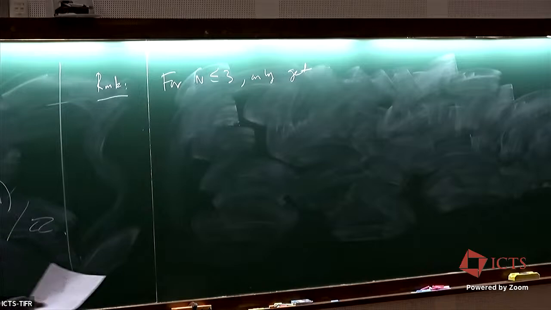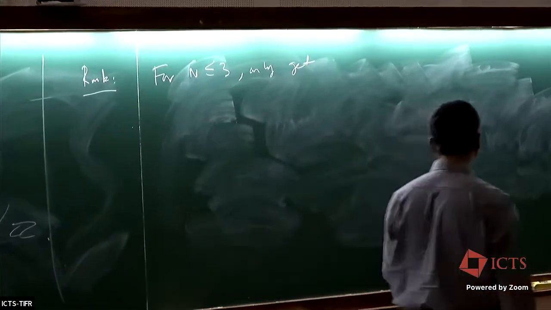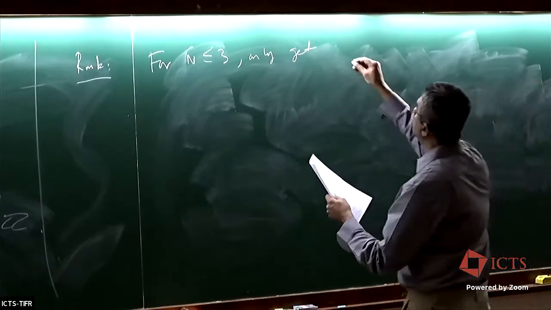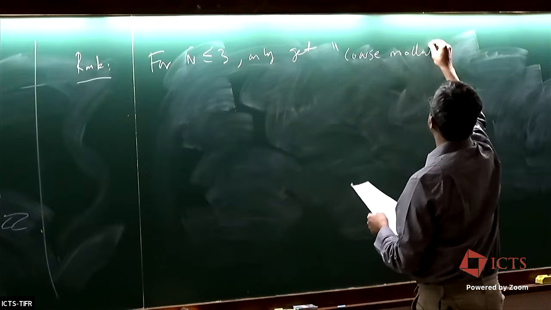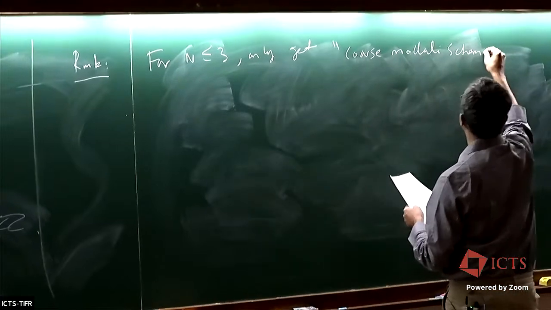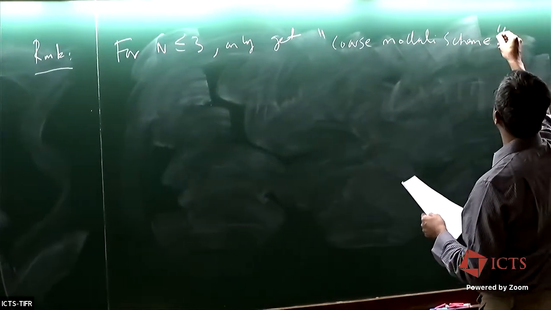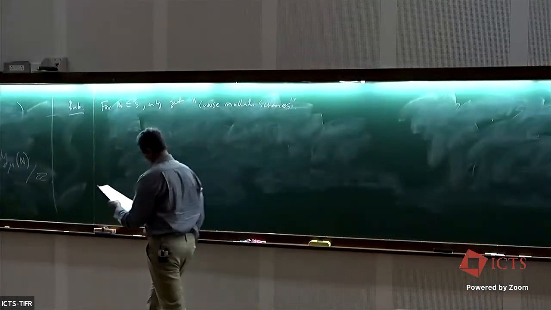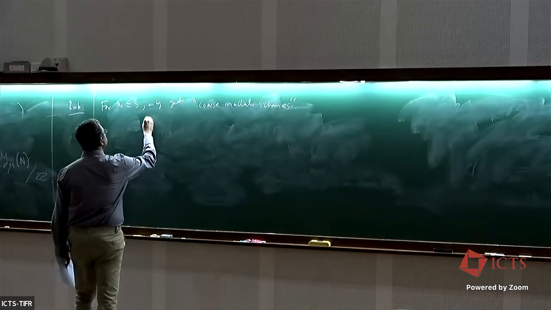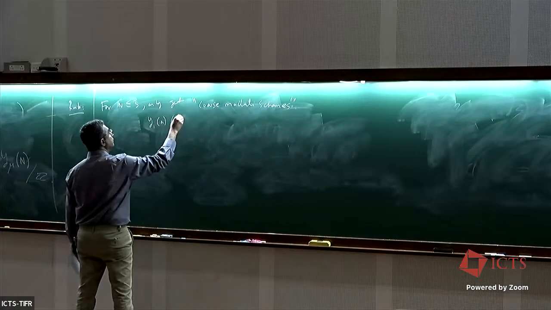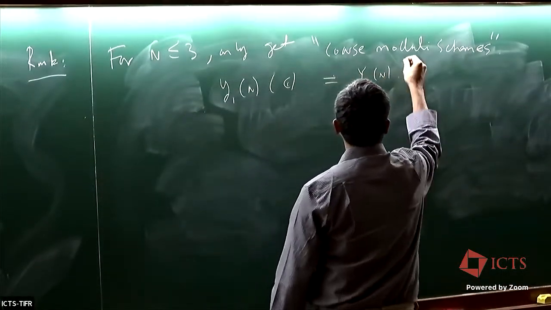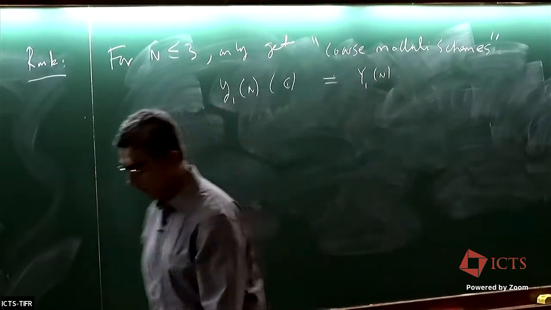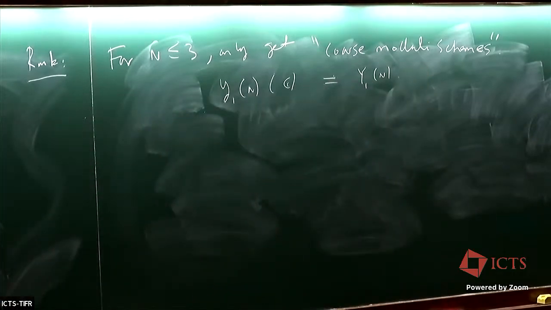So you can think of that as the definition, more or less, of a coarse moduli scheme. For example, you still have that Y1(N) of C is in bijection with Y1(N)(C), but this bijection may not hold over other rings, over other schemes.